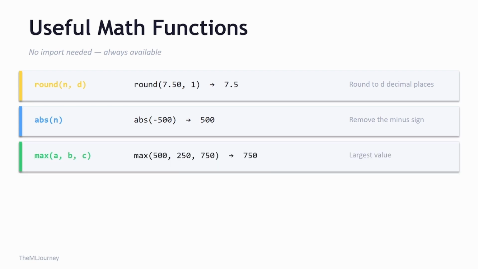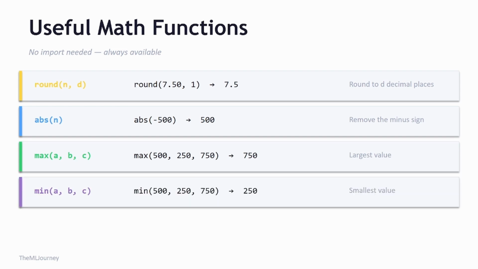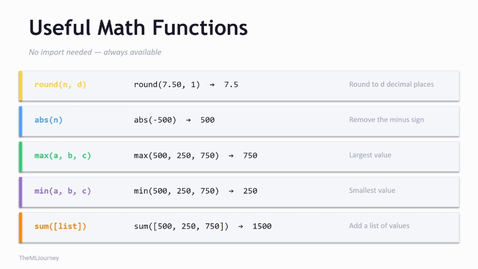We also have the max. Max will return the largest value in a sequence of numbers. And then we have the min, which is going to return the smallest value in a sequence of numbers. And the sum, which adds all values together and returns the sum of all the values in a list.